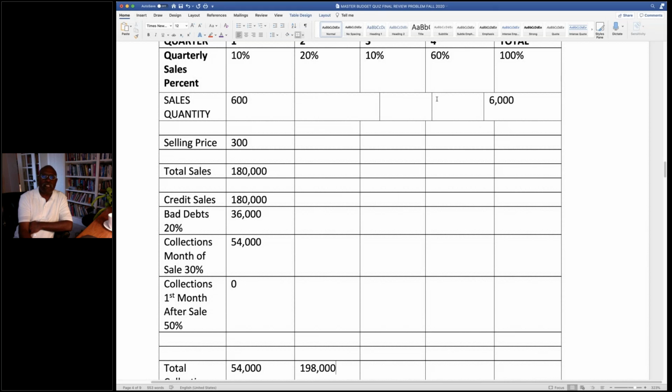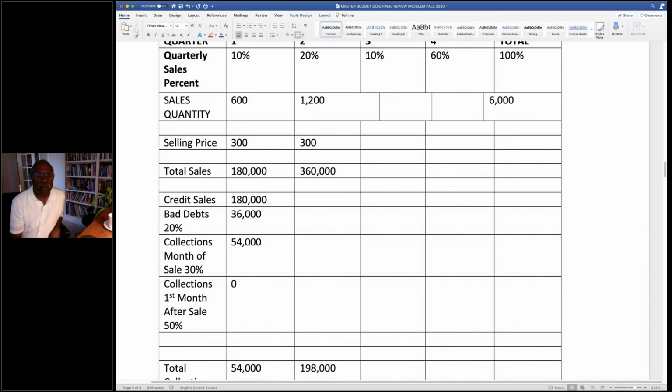Okay, so our sales quantity is going to be how much the second quarter? 1,200, because it's 20%. Selling price still 300. So total sales is what? 360,000.